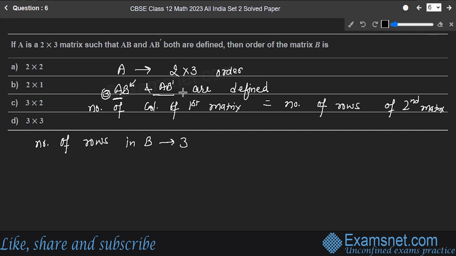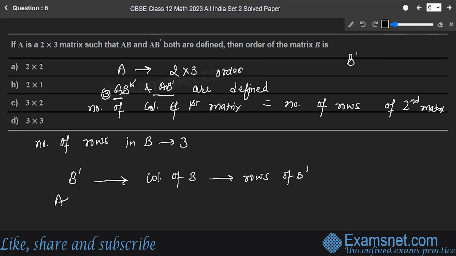Now, AB dash is also defined. The transpose is also defined. In the transpose, the rows and the columns are interchanged. Now, the columns of B become rows of B dash, right?